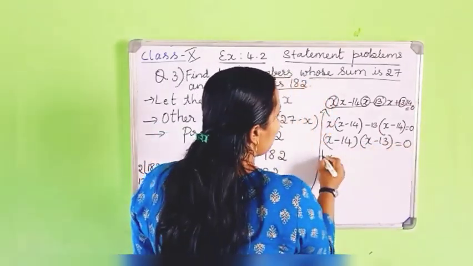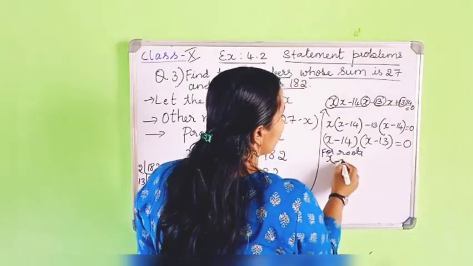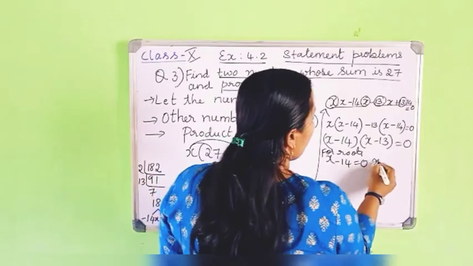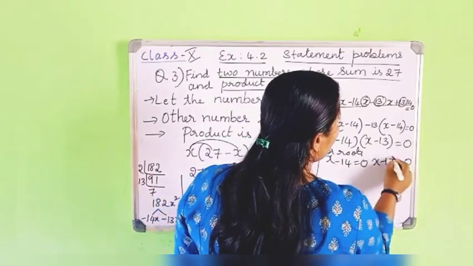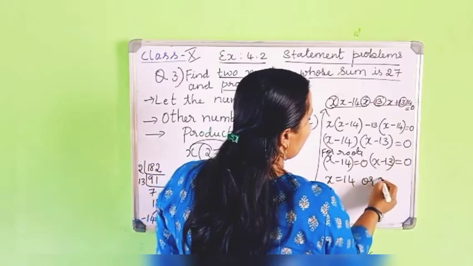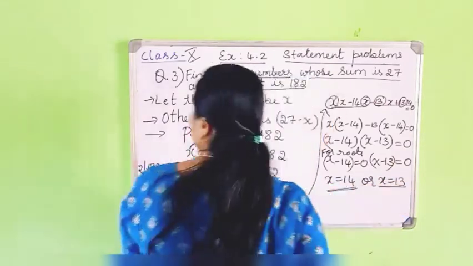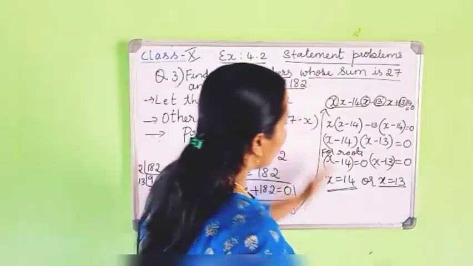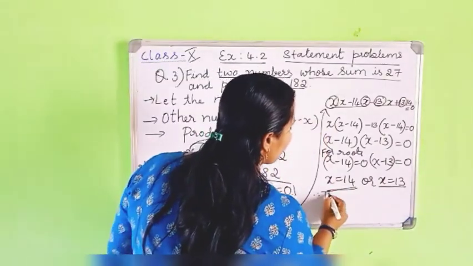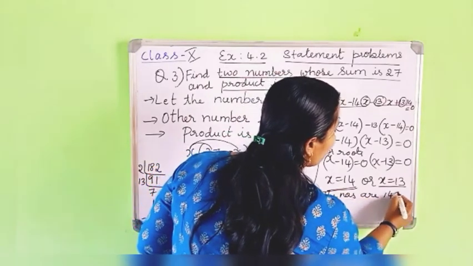Now for roots, you can take x minus 14 is equal to 0, x minus 13 is equal to 0. Okay, now x is equal to 14, x is equal to 13 are the roots. You can also verify your answer. Therefore, the numbers are what? The numbers are 14 and 13, right?